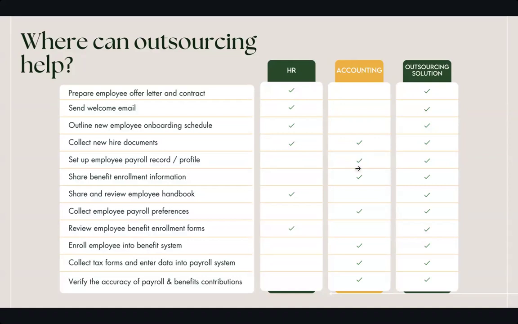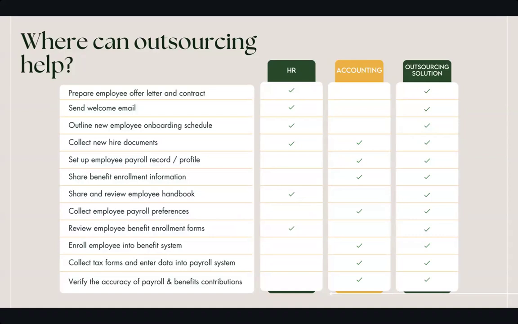They set up an employee payroll record within the system, share their benefit information over to the provider. HR manages the collection of the documentation with regard to the HR policies and procedures, collects the employee certifications and attestations. From there, accounting collects the payroll preferences with regard to how pay is dispersed.